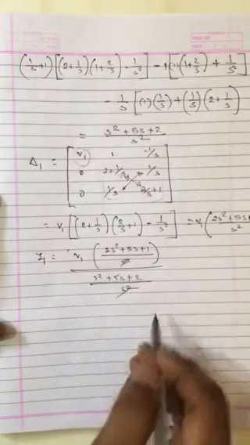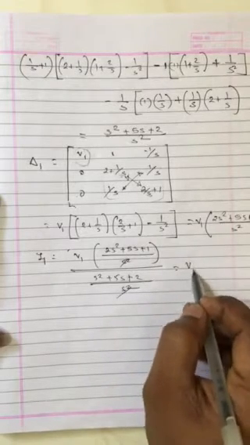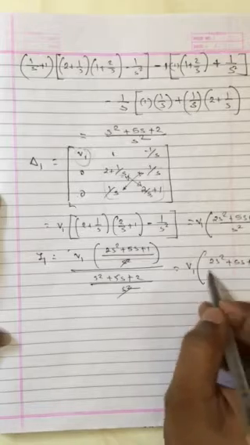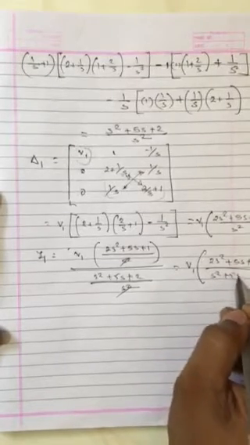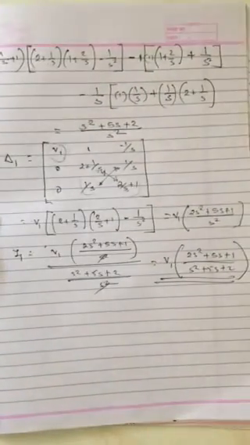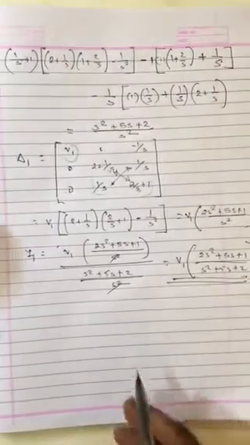Okay, so s square will get cancelled and you will get the answer as V1 into (2s square plus 5s plus 1) upon (s square plus 5s plus 2). Okay, so this is your I1. Now this is the driving point impedance.